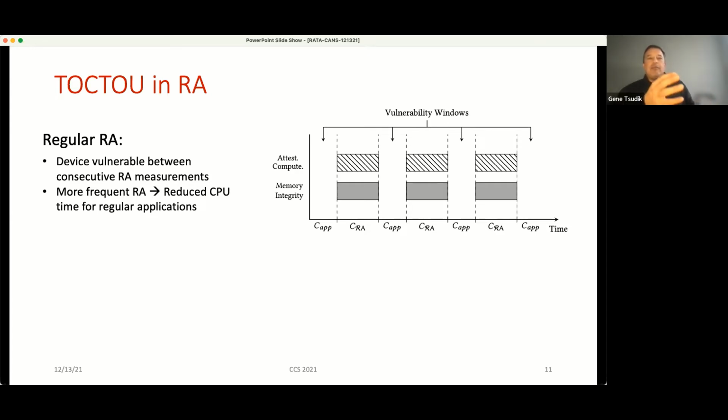But first, we don't know how long it takes malware to settle into the device, perform whatever deeds it wants and leave. And second, even if we could, we would wind up mounting a denial of service attack on ourselves, right? Because we would have to perform remote attestation so often that the device would be frequently out of commission for its real job and real purpose.